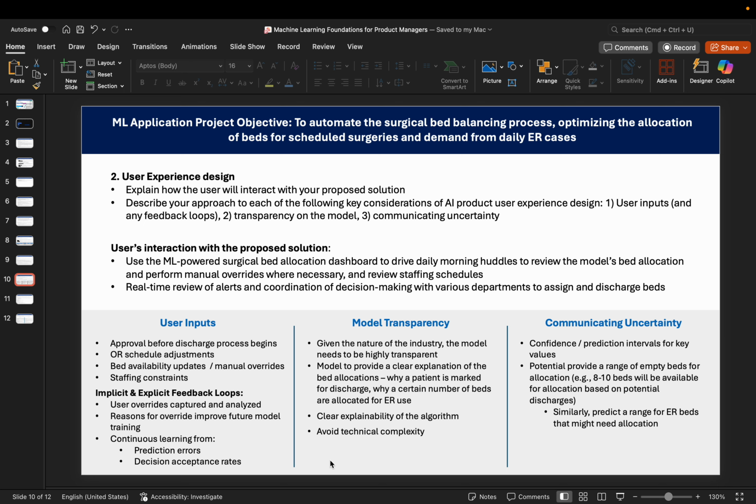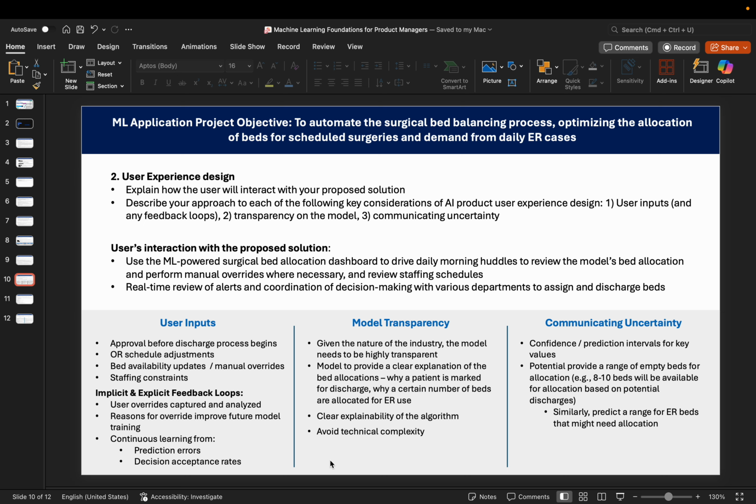The notes from nurses and physicians could be used to make the model more accurate in terms of discharge predictions. And the clear explainability of the algorithm will be essential in model transparency, as much as avoiding technical complexity, because the users vary from clinical to operational users.